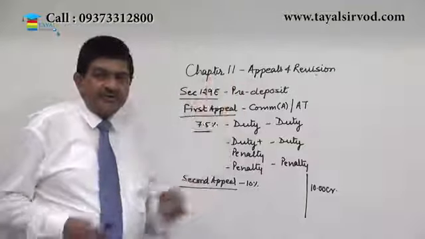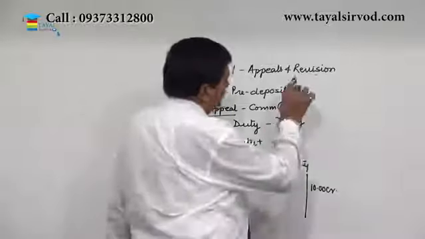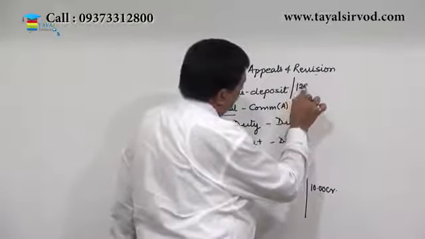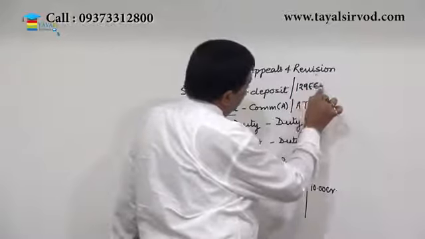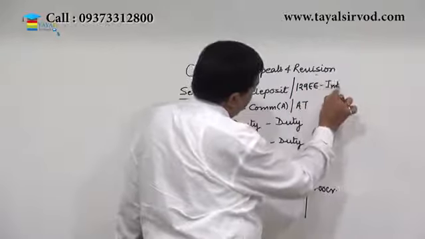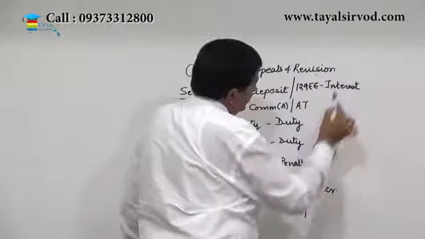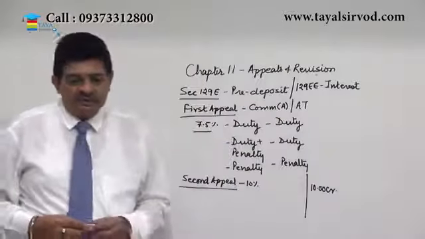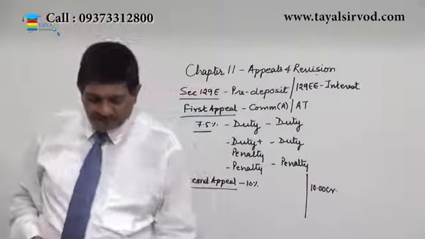129E, that is pre-deposit, and here itself you can say 129EE, that is in relation to interest. So interest on pre-deposit.